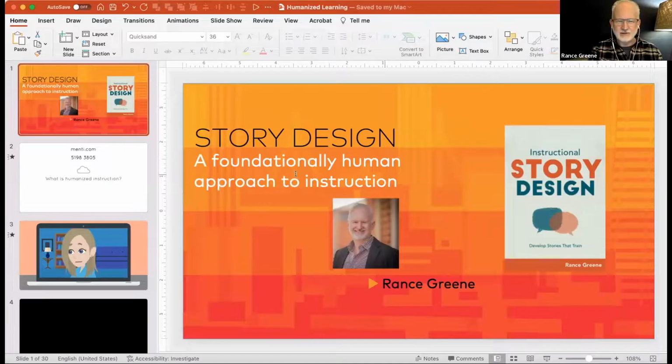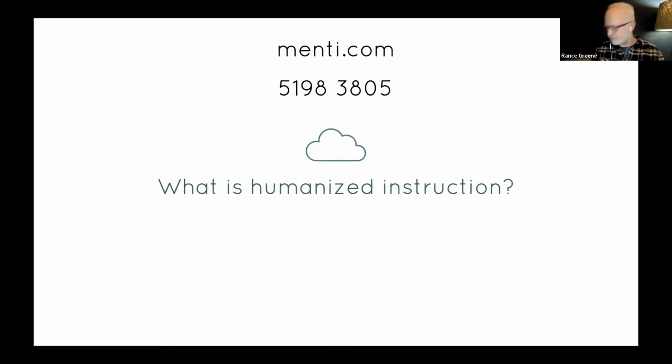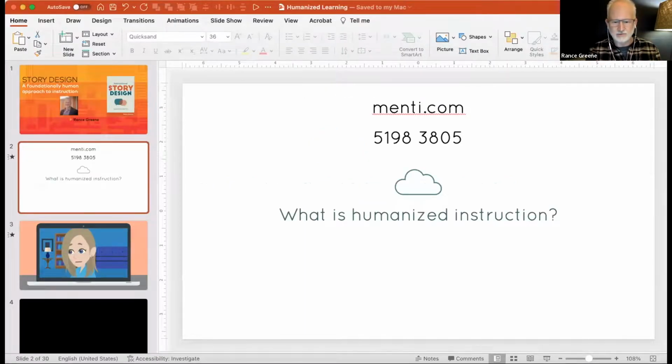If you are able, on your device of choice, whether it's the computer or your phone, please go to menti.com and put in the code you see on the screen when it prompts you: 51983805.